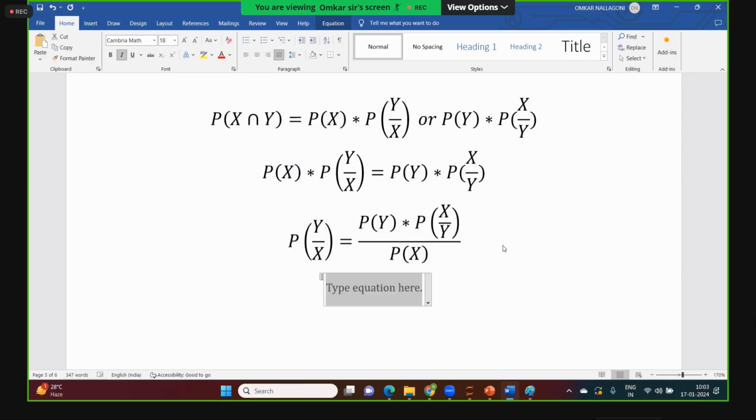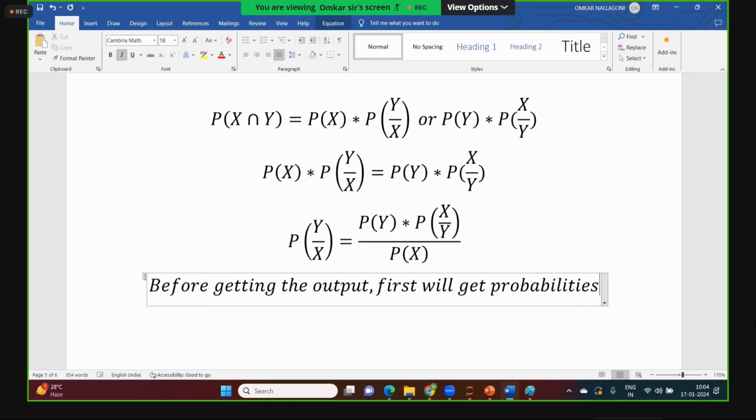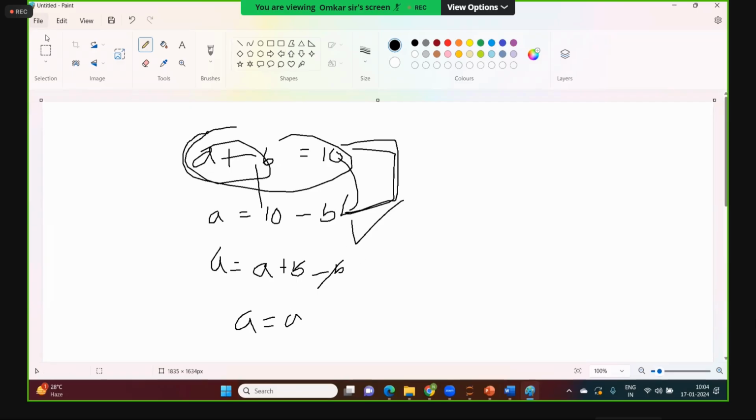Before getting the direct output, first we'll get logits, first we'll get probabilities. How many labels are there, that many probabilities will come. Whichever is the highest probability, that is your answer. That we already discussed, right? You should not forget that.